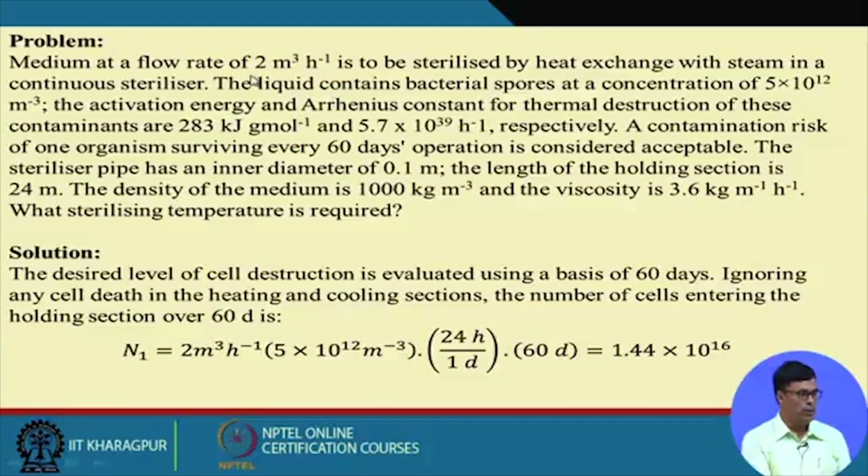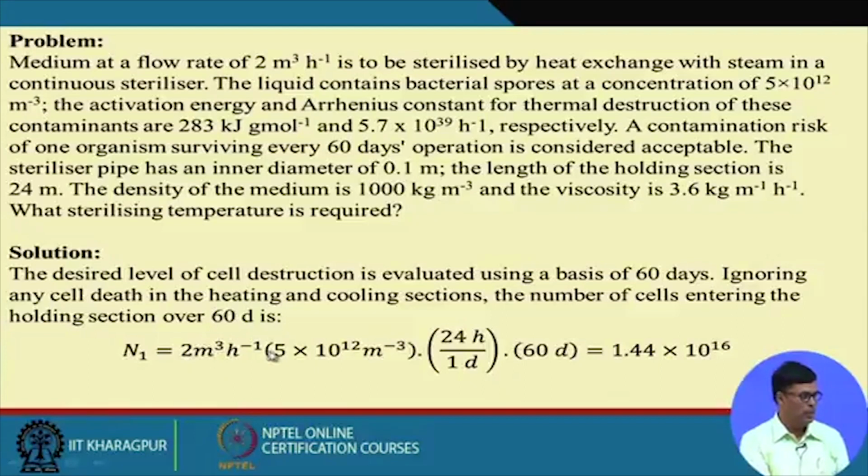In a continuous flow reactor, first you have to calculate how many organisms are present if you operate this for 60 days. So the flow rate is 2 meter cube per hour, am I right? And the organism concentration is 5 × 10^12 per meter cube.